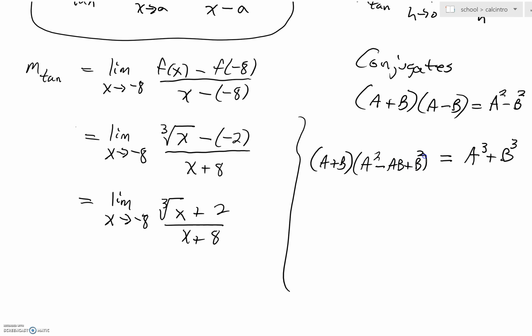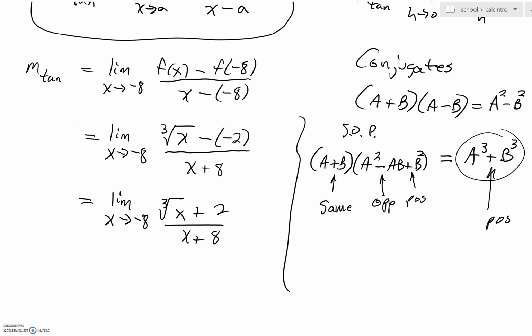The SOP formula is definitely going to be same, opposite, positive. Here's your same, here's your opposite, and this is always going to be your positive right here with that factored form. That's assuming that you're starting right here. That's ultimately what I'd like to end up with.